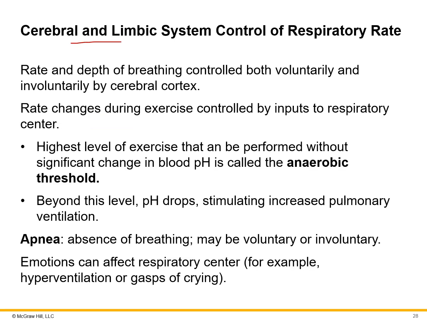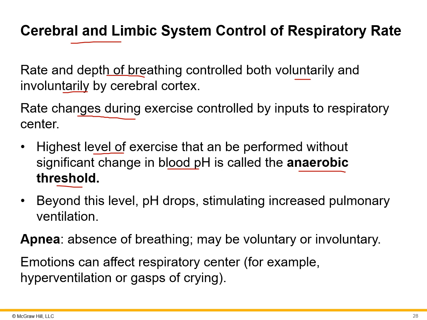Now the central and limbic systems are also involved. This controls the rate and depth of breathing, both voluntary and involuntary, by the cerebral cortex. The rate changes during exercise. Of course, we need to increase ventilation to the respiratory system. The highest level of exercise that can be performed without really changing our pH is referred to as the anaerobic threshold.